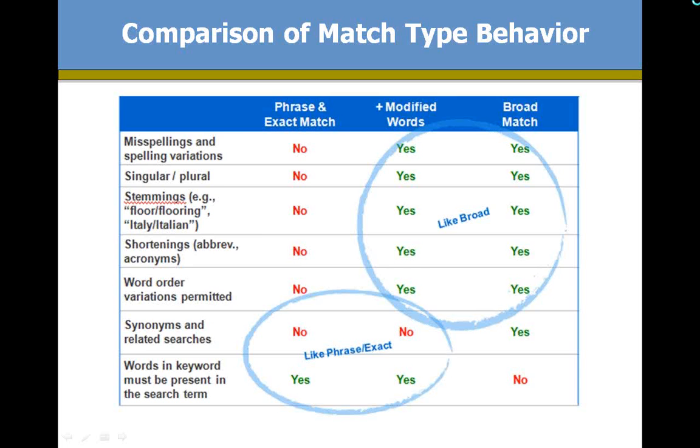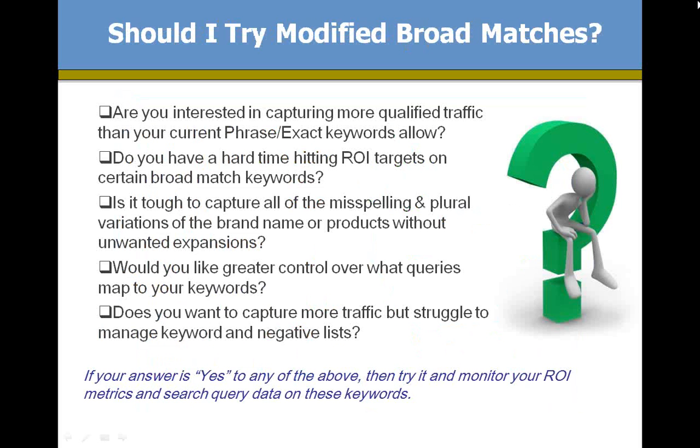So if you're sitting there and you're contemplating whether you should try these modified broad matches, I'd say if you answer yes to any of the above questions, then I'd say test it, try it, and then monitor your ROI at the keyword level and see if it's a good thing for your account. You might be interested in capturing more qualified traffic than your current phrase and exact matches allow.